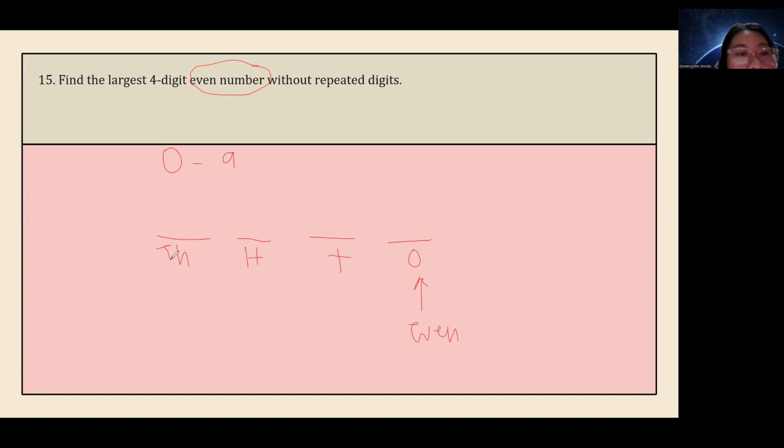But since we are getting the largest number, we have to prioritize the largest place value first, which is the thousands place. Now, what is the largest digit that we can have? It's 9, right?